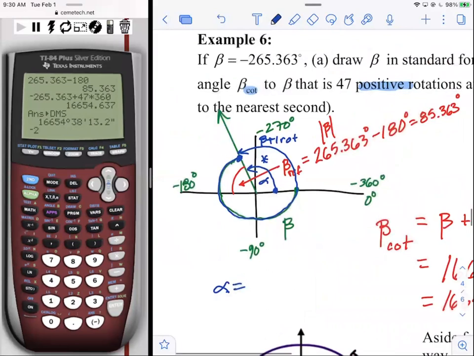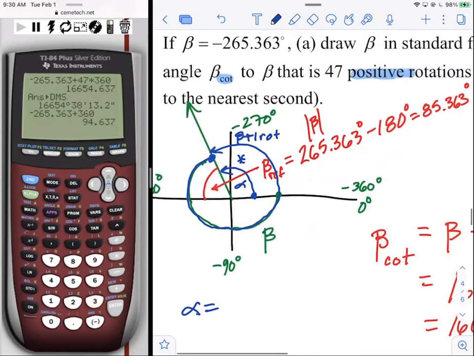Negative 265.363, and I'll just add 360 to it. Okay. And there it is. So now alpha is 94.637. Is that reasonable based upon our diagram? Does that still terminate in quadrant 2? Yeah, I go up to 90 straight up and then a little 4.637 degrees past. Okay.